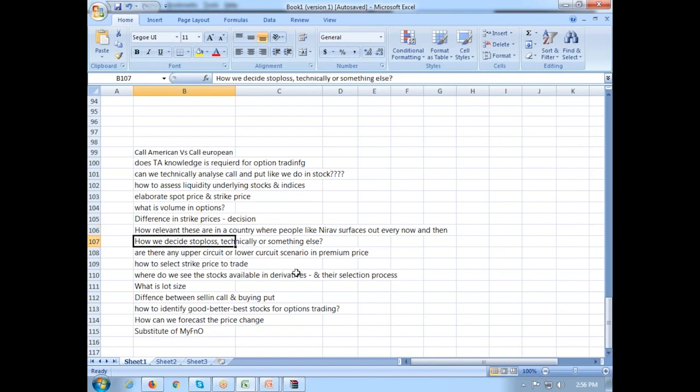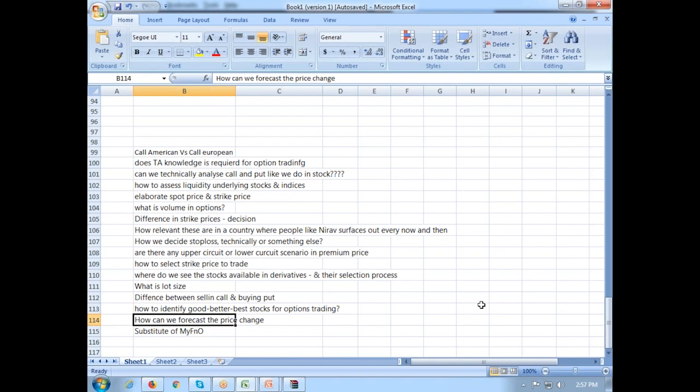How do we decide stop loss technically or something else? Are there any upper circuit and lower circuit limits in premium prices? Important questions. How to select strike prices to trade? Good one. Where do we see the stocks available in derivatives and their selection? What is the lot size? Difference between selling call and buying put? How to identify good, better, best stocks for option trading? How can we forecast the price change? Substitute of MyFNO.